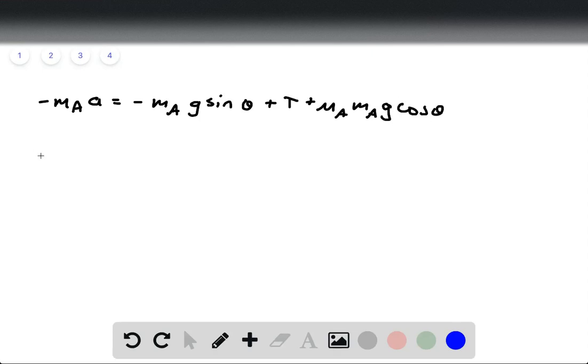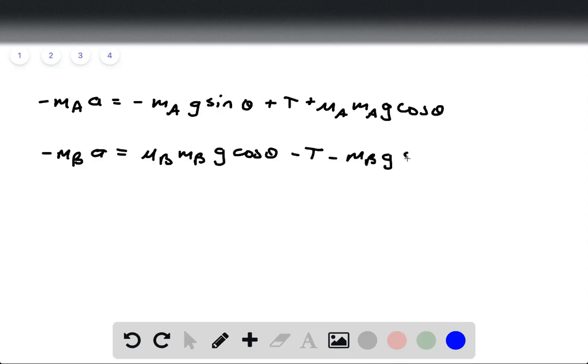So that's from considering Newton's second law in block A. What we just did for block B, we have and we can just add T to both sides and just use the second equation.